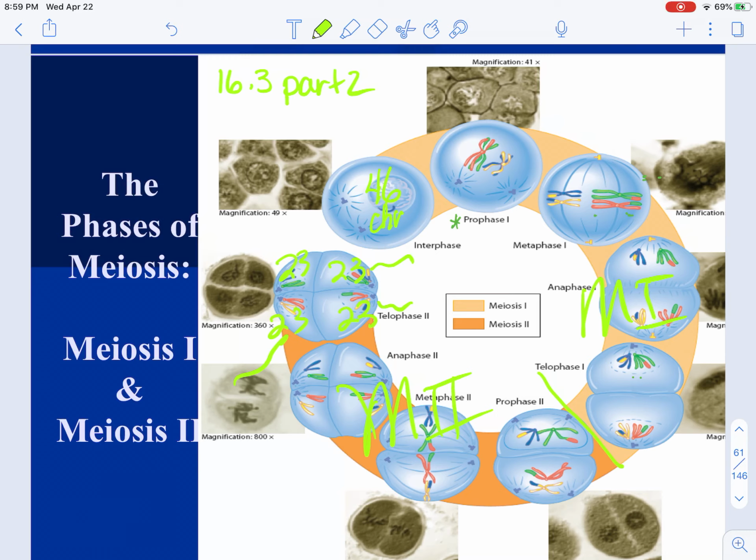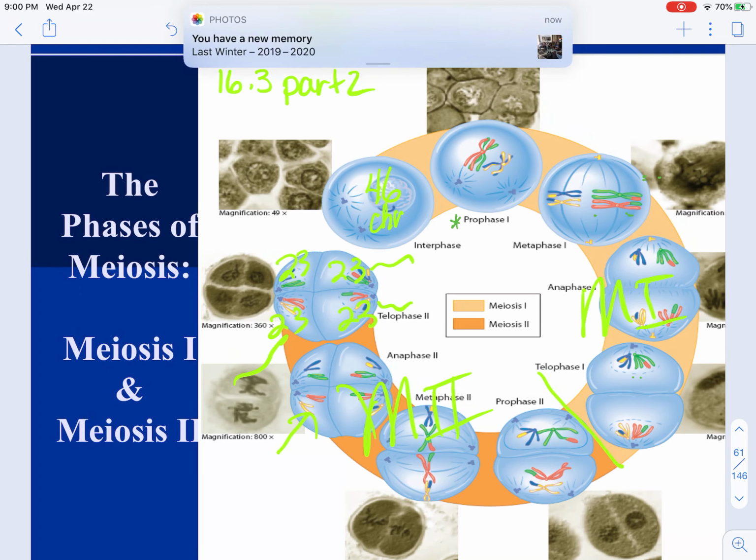Our lesson today is going to be about nondisjunction, which is when chromosomes fail to disjoin at anaphase 1 or anaphase 2. In anaphase 1 the homologous pair of chromosomes is supposed to separate, and in meiosis 2 the chromosome separates at the centromere.